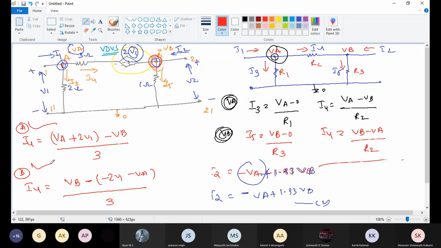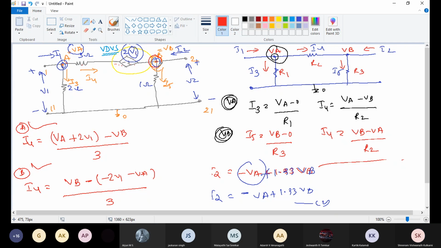No, sir. That in-between minus won't come. We'll be applying something like KVL, so it will be VB minus 2V1 directly. We won't require that additional minus in between. See here, for first A node, I4 equals VA plus 2V1 minus VB. Correct? Current is leaving the node.